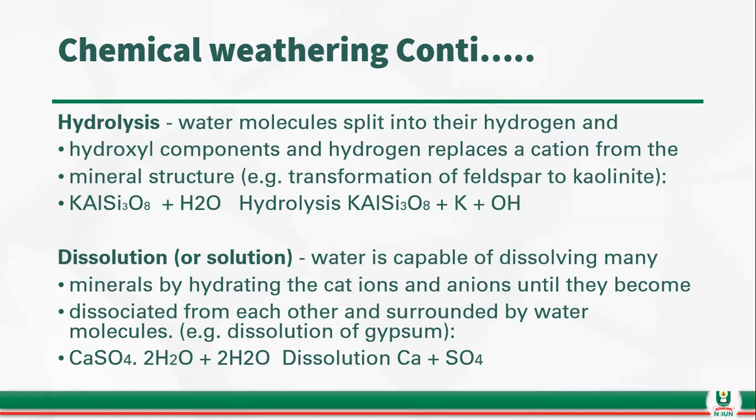We also have another procedure that we call dissolution. Dissolution has to do with water being capable of dissolving many minerals by hydrating the cations and anions until they become dissociated from each other and are surrounded by water molecules. An example is the dissolution of gypsum.